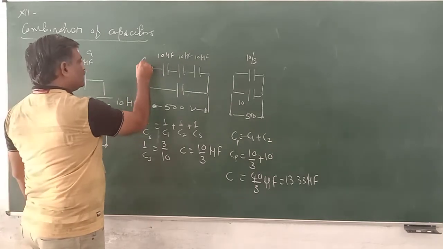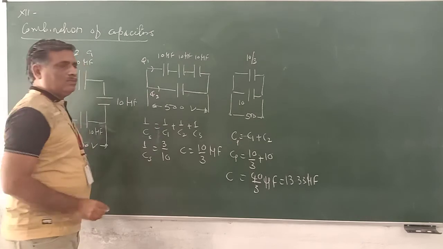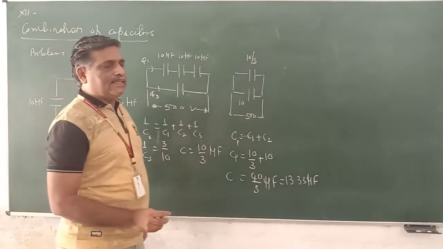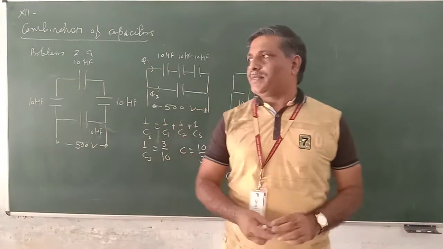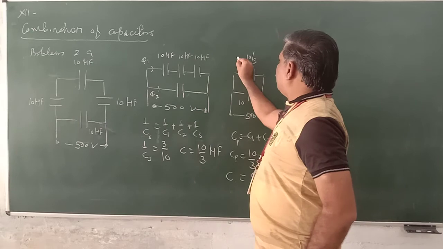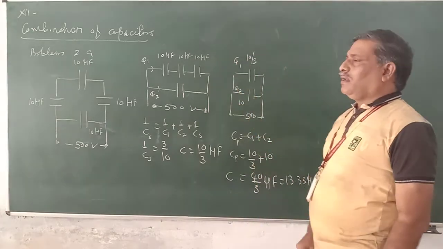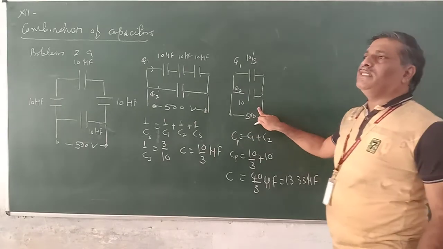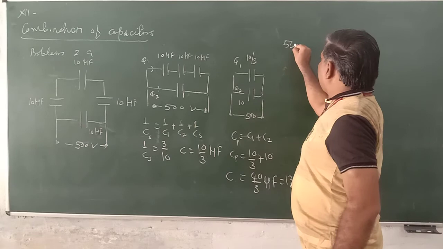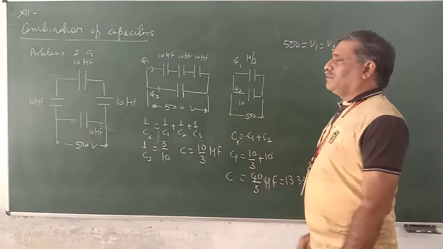Now let us see the charges. On this one, the charge will be Q1. On this one, the charge will be Q2. On these three, as they are in series, the charge will remain the same, but on this one the charge will be different. When they are in parallel, the voltage remains the same. So V, 500, is equal to V1 plus V2.